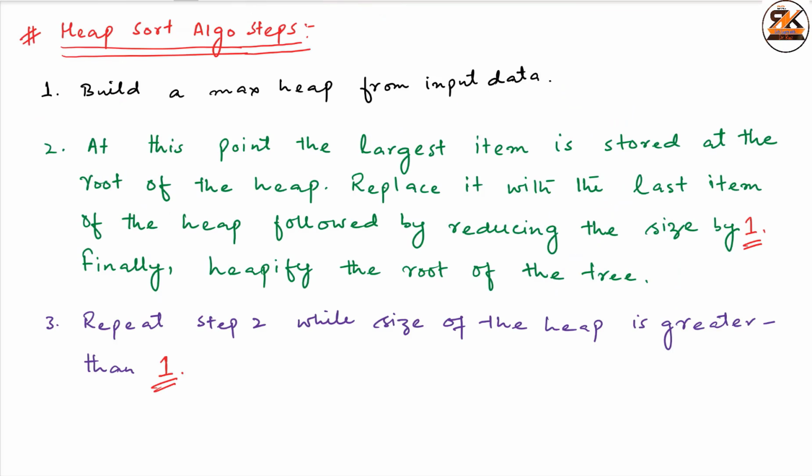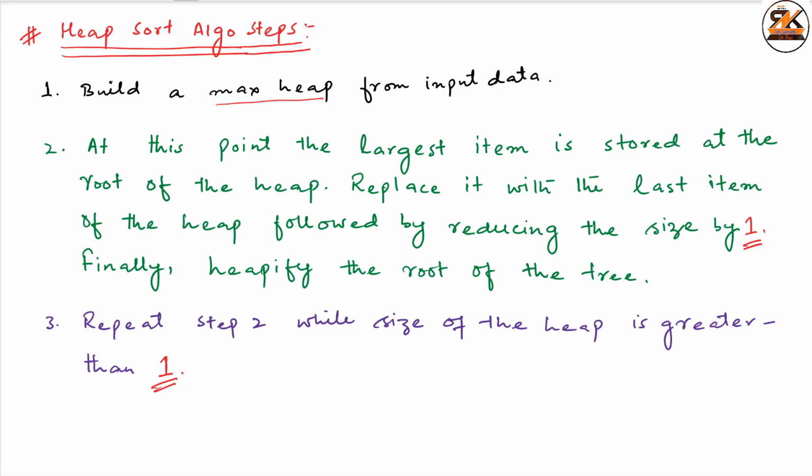Fine. Now the algorithmic steps for heap sort are: build a max heap from input data. We will be given some unsorted input data, and out of that data we have to build a max heap.